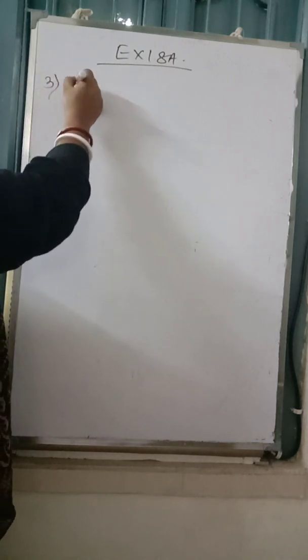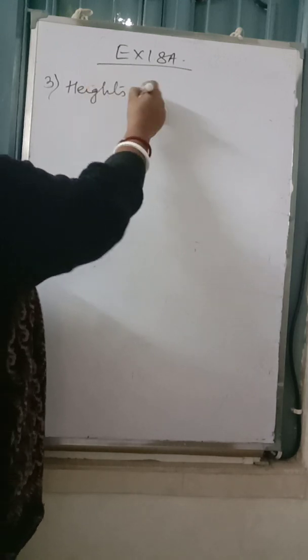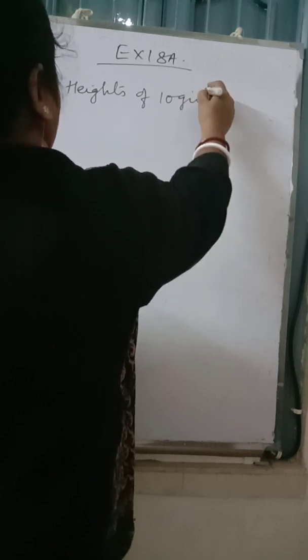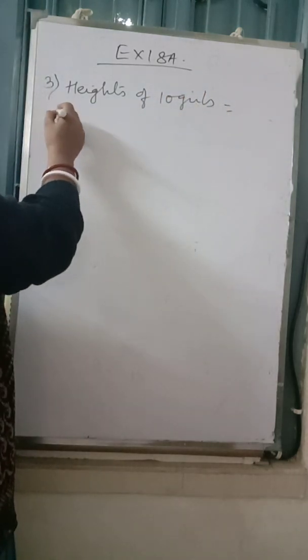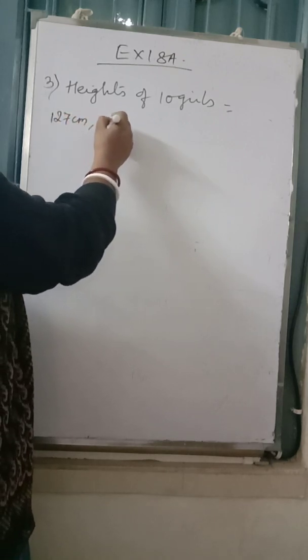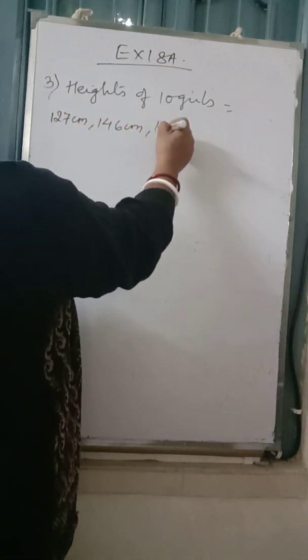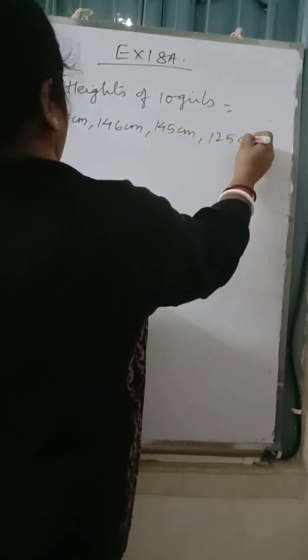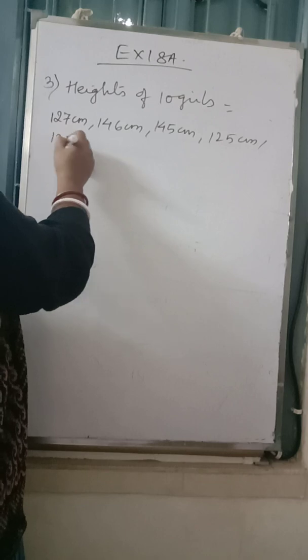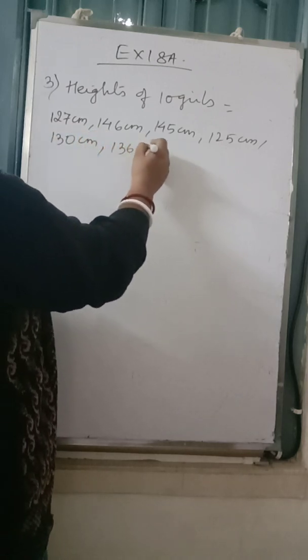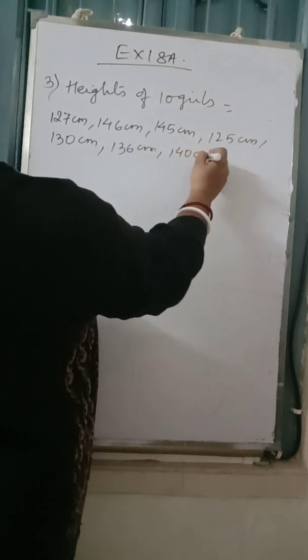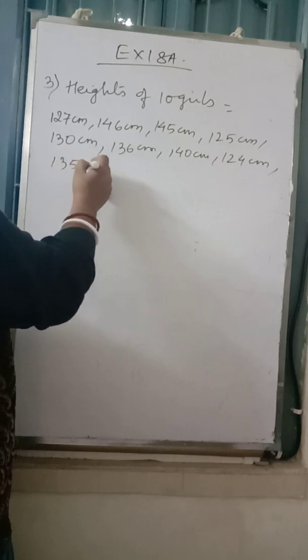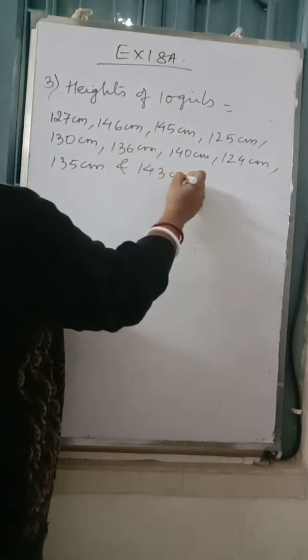It is 127 centimeter, 146 centimeter, 145 centimeter, 125 centimeter, 130 centimeter, 136 centimeter, 140 centimeter, 124 centimeter, then 135 centimeter and 143 centimeter. These are the heights of the girls given to you.